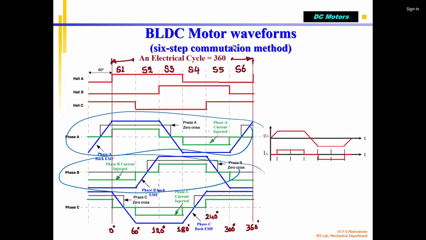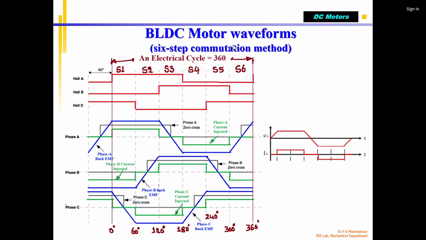For each phase, the green one is the supplied current, injected into the stator coil, which is generated by the motor controller. The blue one is the back EMF generated in the stator coil by the rotor, which is trapezoidal in nature, and that is given to the phase detector circuit.